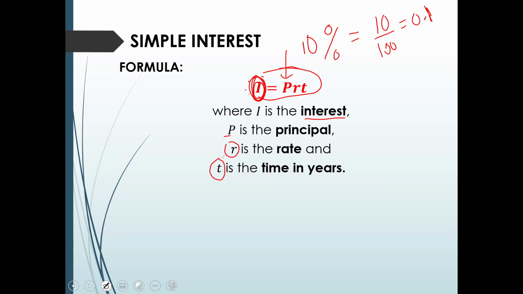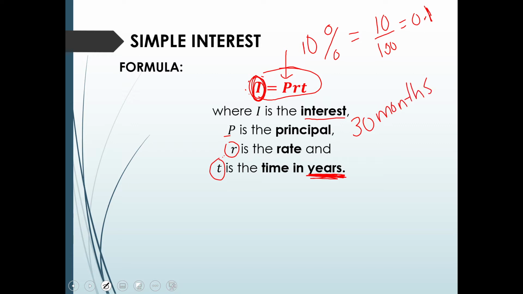Now, your time is in years. What do you mean by in years? So 5 years, 10 years, 12 years, whatsoever. Now, sometimes you will be given, let's say, 30 months.